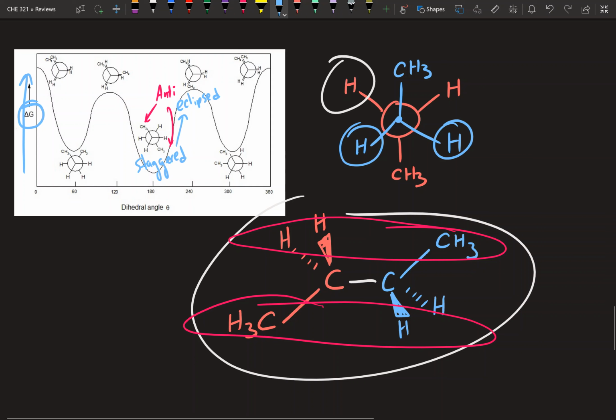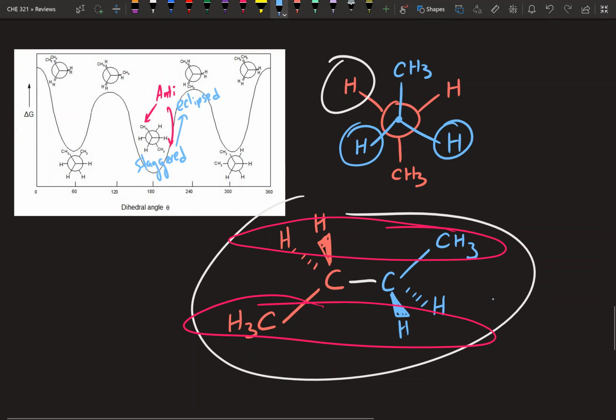Contrary to what a lot of people think, Gen Chem does still play a role in orgo. The higher that energy is, the more energy that molecule contains, and thereby the more unstable it is. In other words, the lower this molecule is on the y-axis, the more stable it is. That's how we judge the stability of molecules: higher energy is unstable, lower energy is more stable.